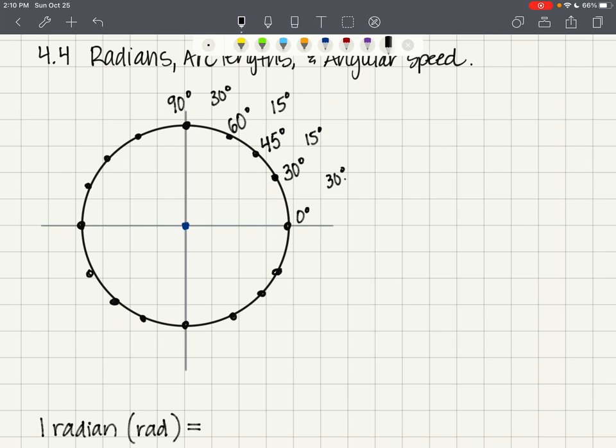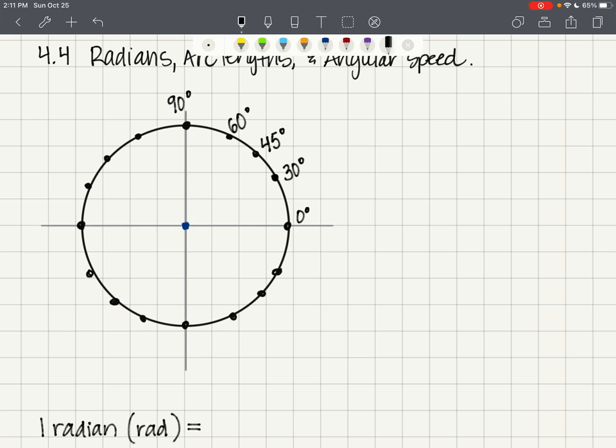So we go 30, 15, 15, 30. So 30 degrees, then 15 gives us 45, then another 15 gives us 60, and then 30 gives us 90.